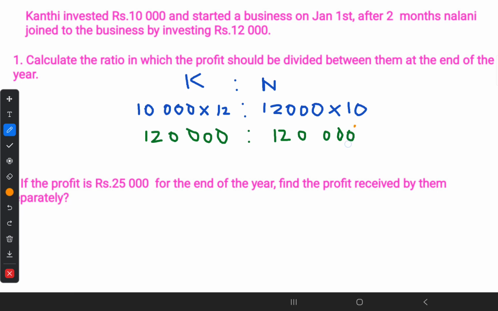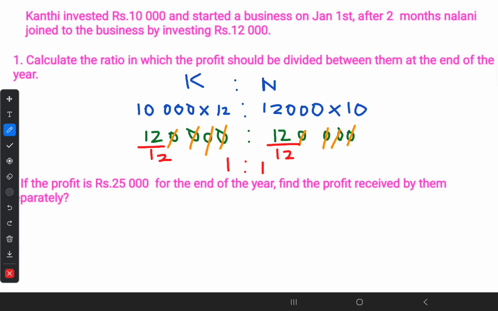You can simplify, thereafter you have 12 is to 12. Both are multiples of 12, so when we divide them by 12, 12 divided by 12 and 12 divided by 12, finally the ratio between them is 1 is to 1. That is the simplest ratio for their profit split.